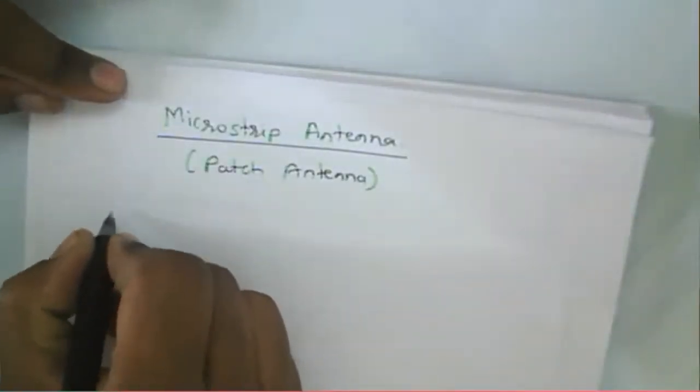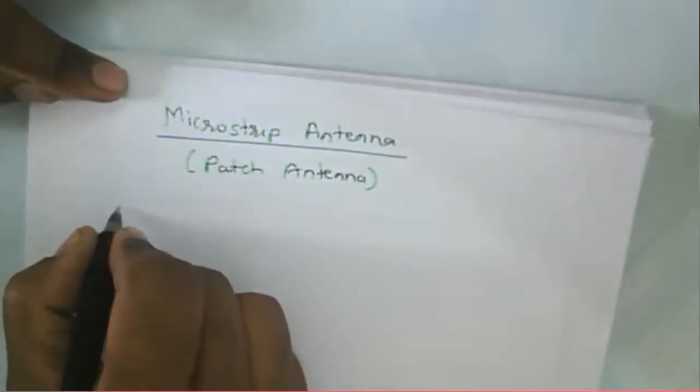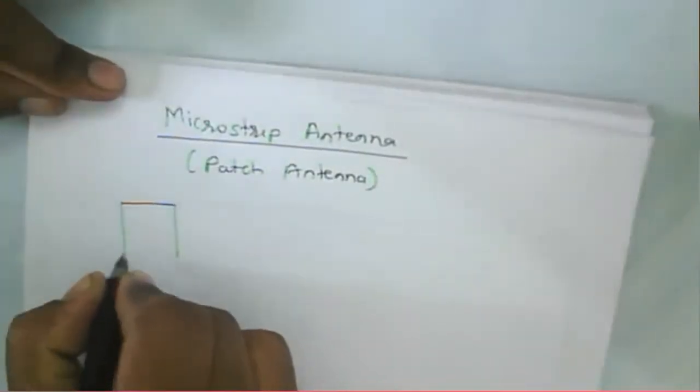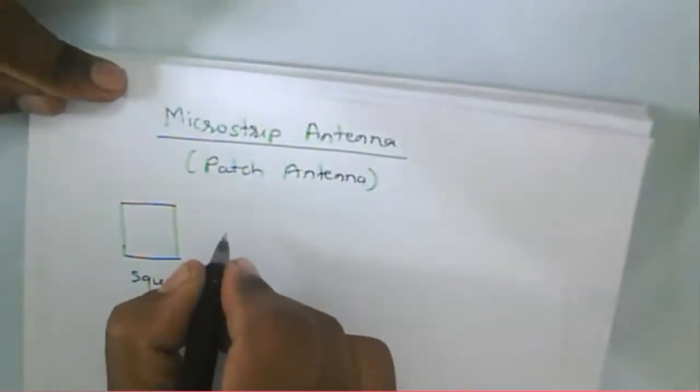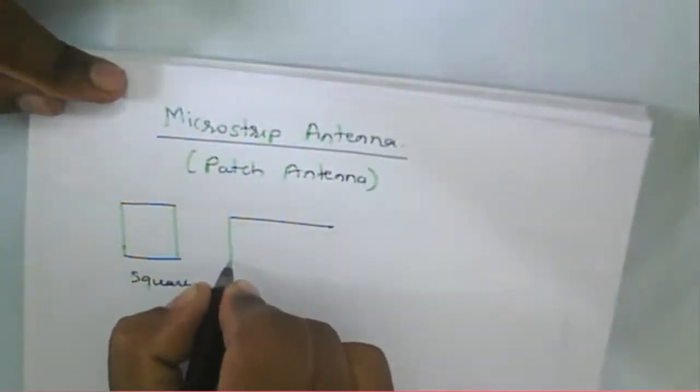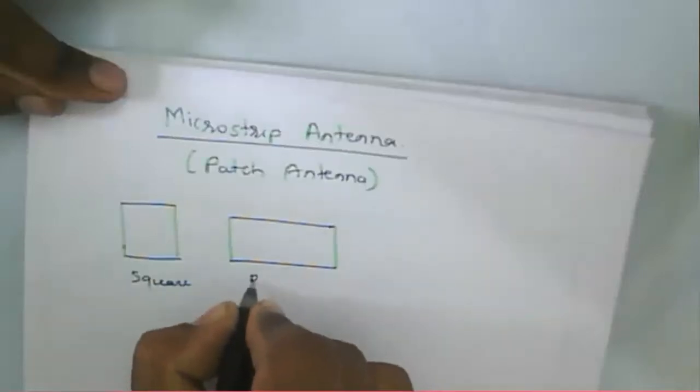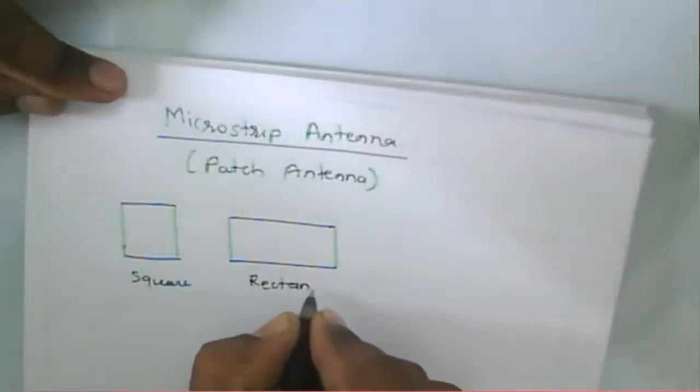Now I will show you the various types of patch that can be developed. So here is a square one, then a rectangle shape. It can be of a different shape.